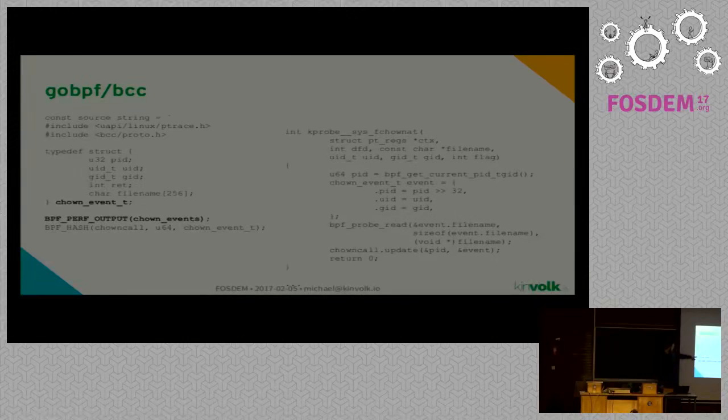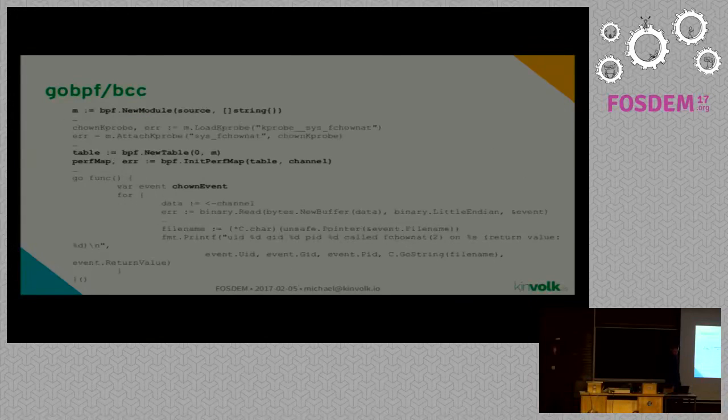One is we define a struct of type chown event, and then we define an array, and it's of type perf event, as we saw before, where we are going to write those events. So that's the map which we then can read from user space later.